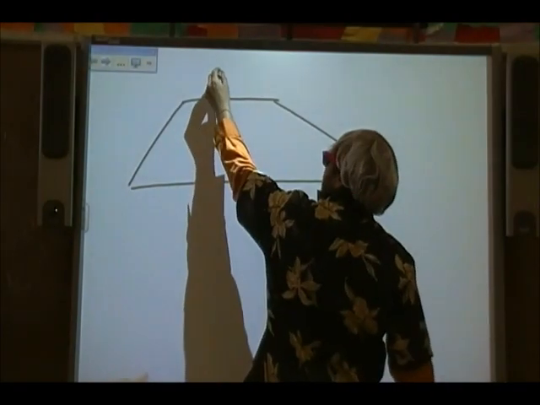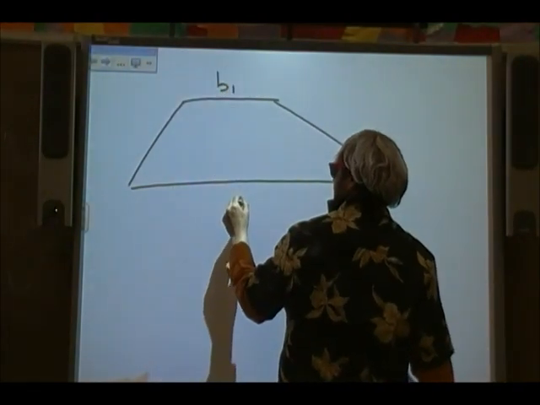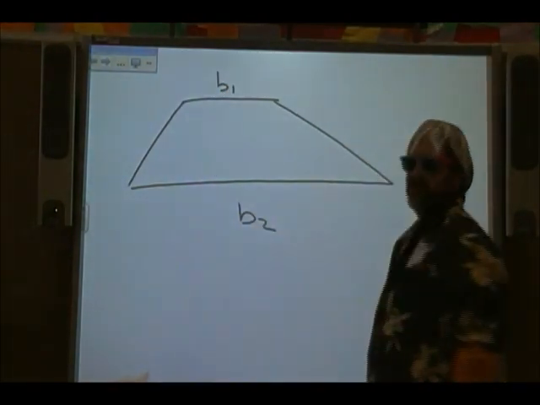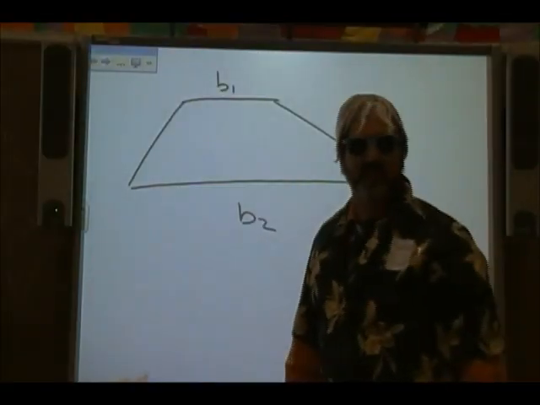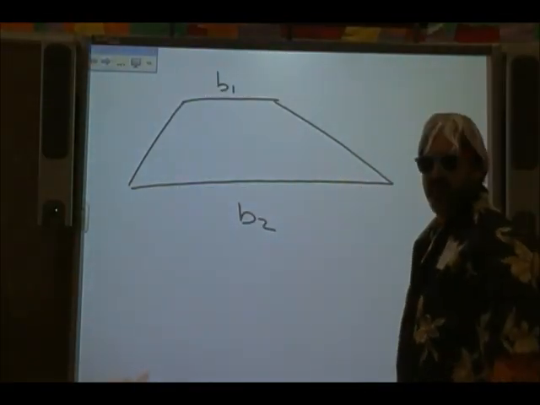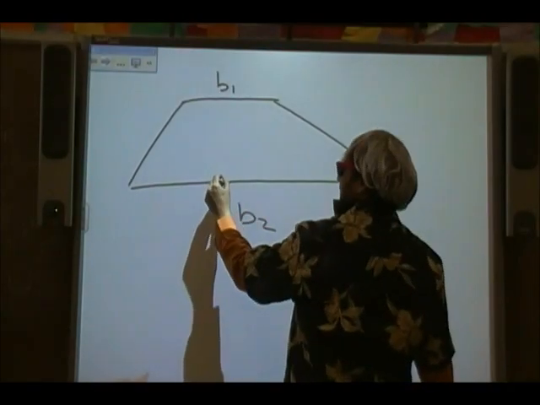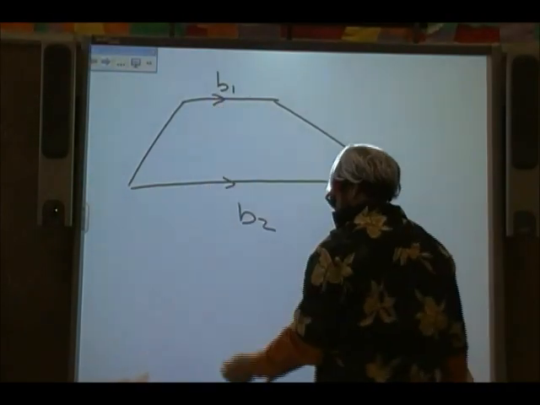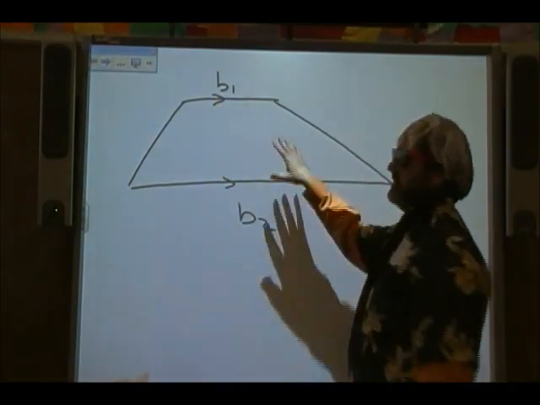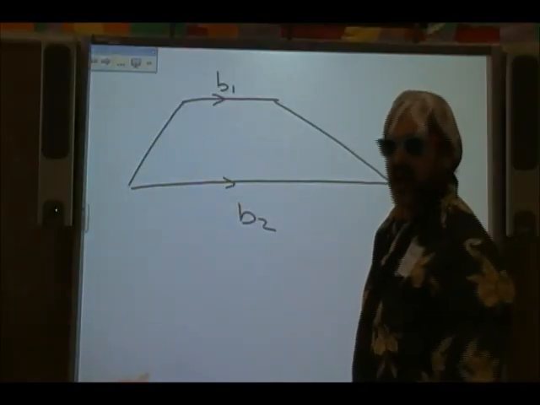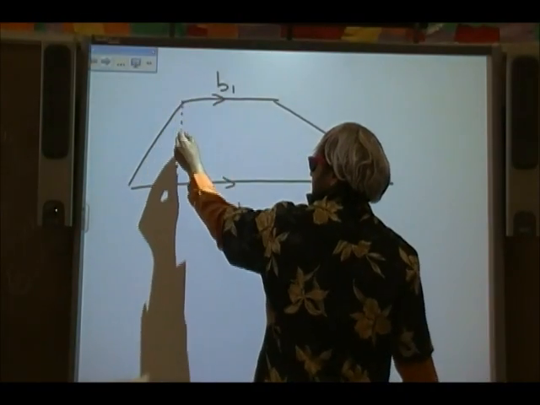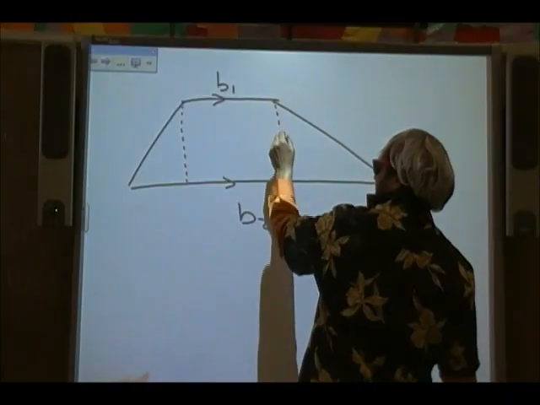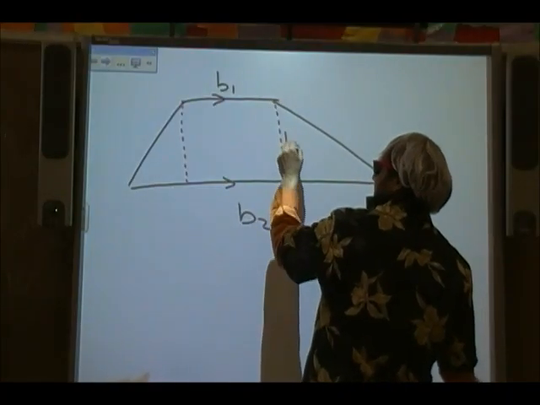We'll call this base 1 and base 2. Kind of like thing 1 and thing 2. These are the bases. Because these lines are parallel, I'm going to break this up into sections, and the height that I use, right here and right here, will be the same.